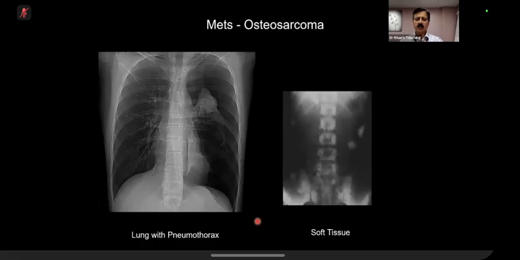They will show you a chest X-ray with pneumothorax, and there might be an ossified metastasis sitting there, meaning that there is an osteosarcoma, and you will be grilled on the concept of that. So remember that. And also, osteosarcoma metastasis very rarely can be in the soft tissue. This is from literature. So it's a very rare thing to happen, but this is an exam phenomenon.